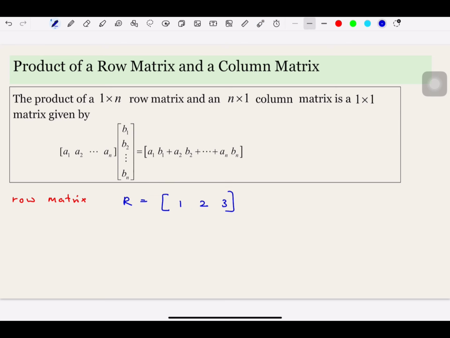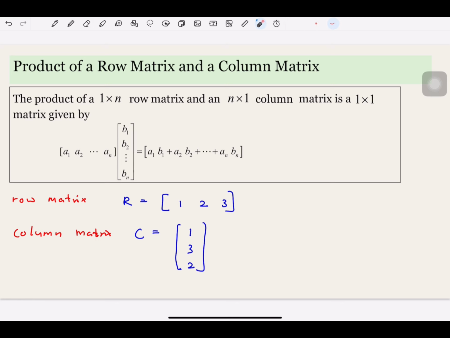And let's say you have another matrix, a column matrix. I'm going to take it as C. For a column matrix, you have only one column with multiple rows. So let's say I have 1, 3, 2.